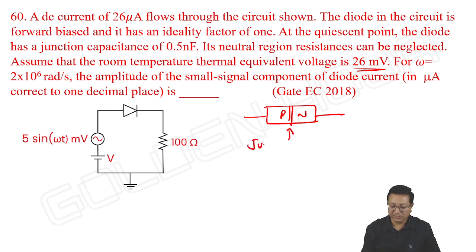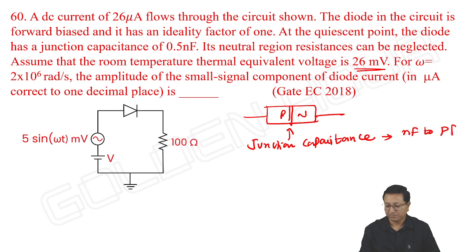Here we have a junction capacitance in the order of nanofarads to picofarads, whose effect cannot be observed at low and mid frequency range.